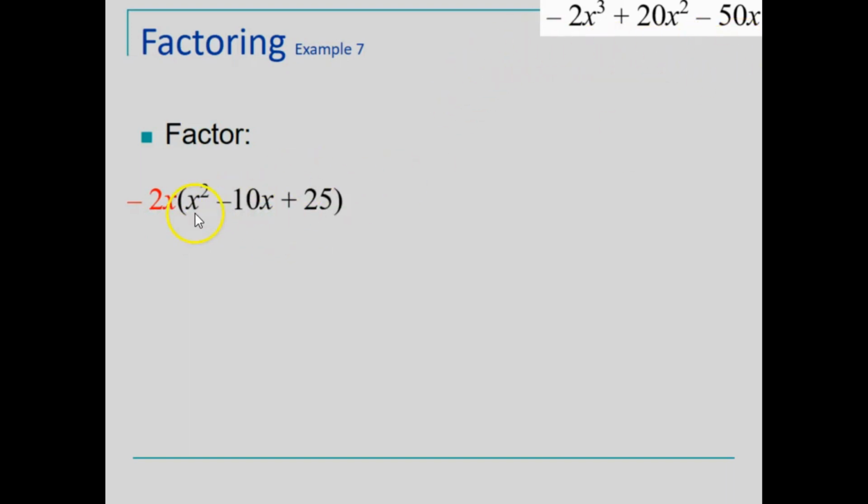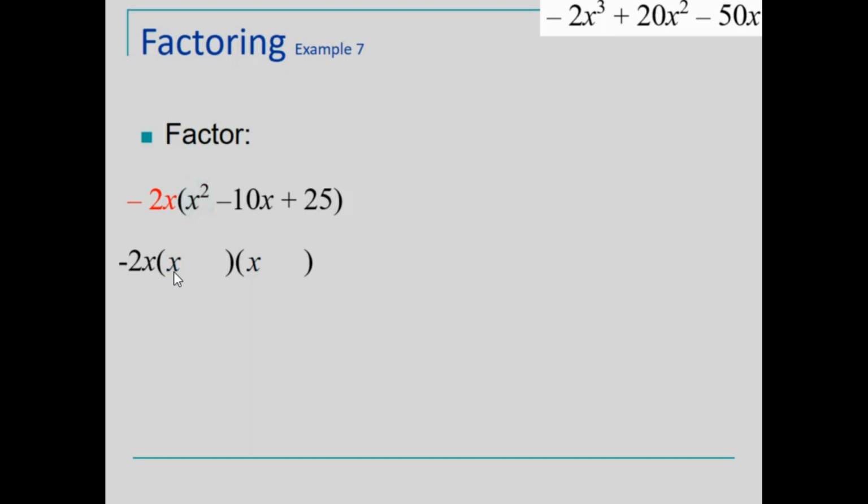But looking at the remaining trinomial, we should always consider the possibility that it can be factored further. This looks similar to what we've been factoring. If we look at our first term, the first term is the result of the first terms in each binomial, which will be x in this case for each.